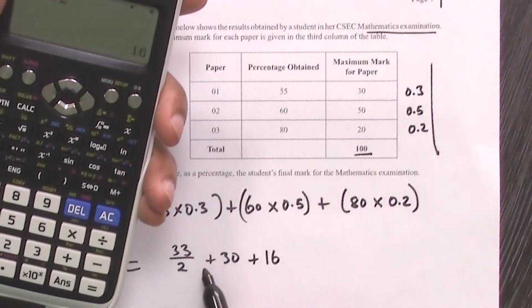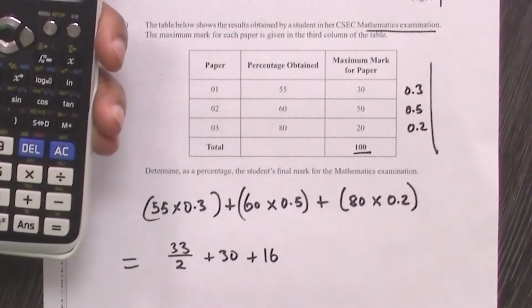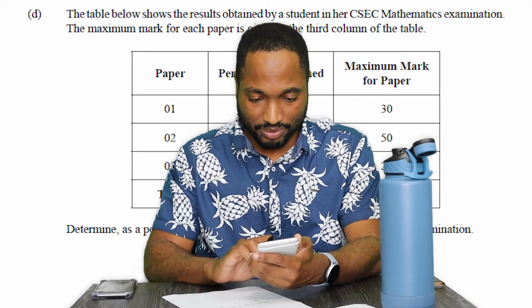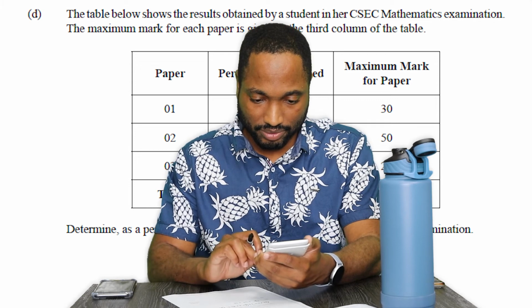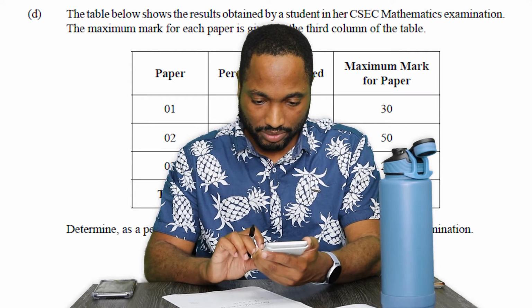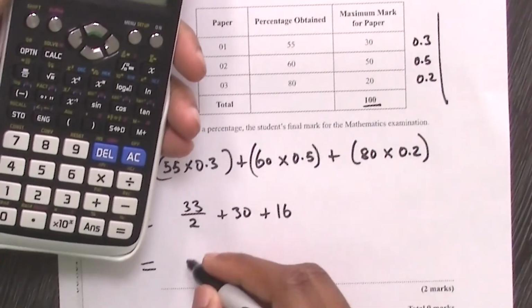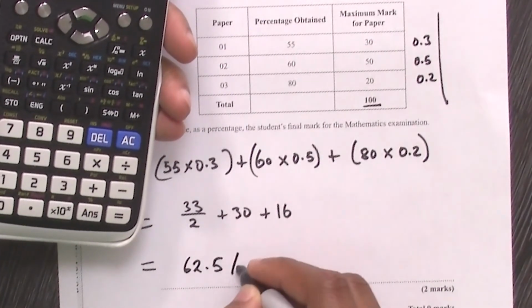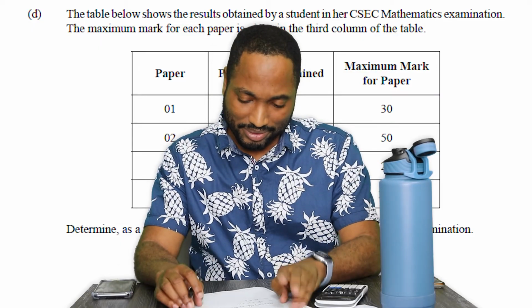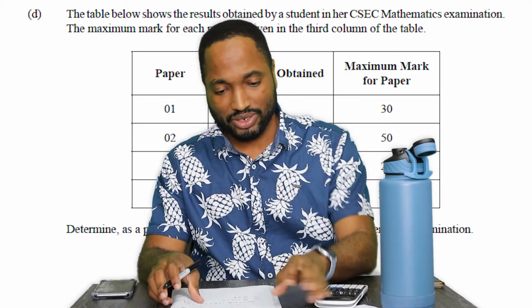So 33 over 2 plus 30 plus 16 should give me my final percentage: 62.5%. Not too good, not too bad. We can live with that percentage.